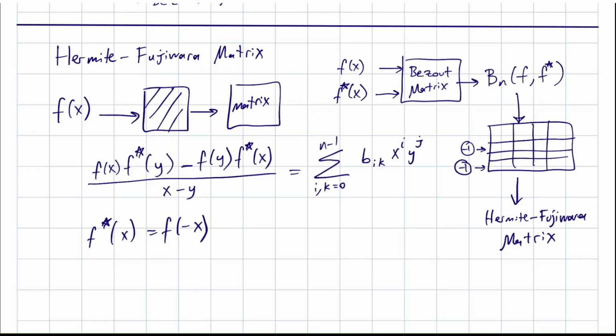And here in the Hermite Fujiwara matrix, this is again some type of formula.